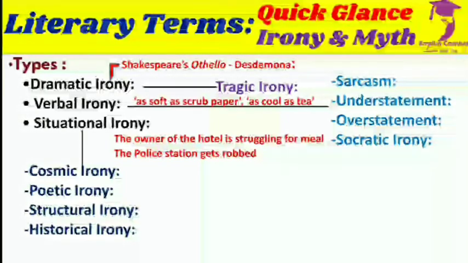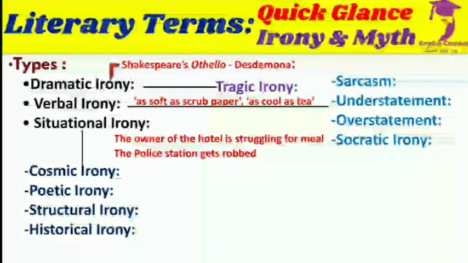On the other hand, we have one more example of situational irony, and that is the police station gets robbed. So this is also a kind of situational irony where the police station itself gets robbed. And now when we think about its subtypes, then we have cosmic irony, poetic irony, structural irony, and historical irony.